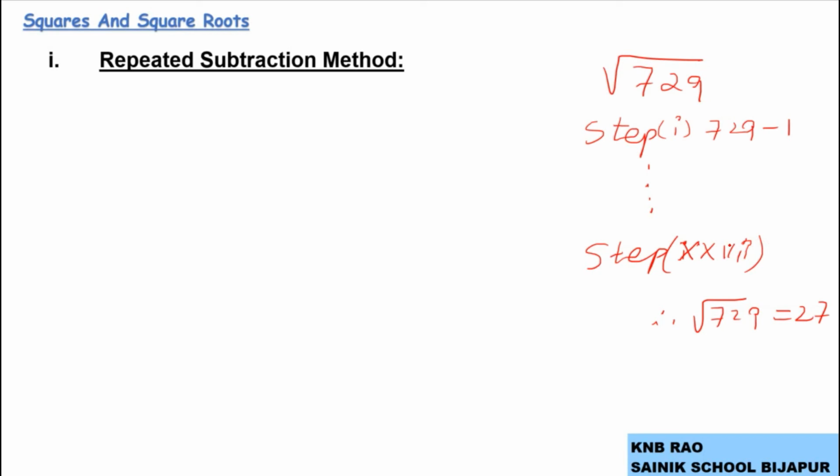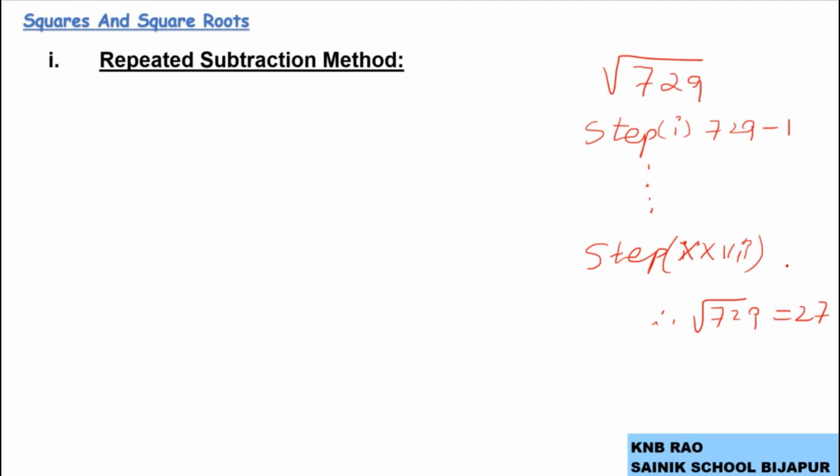Okay, and next, this method helps you to tell whether the given number is a perfect square or not, because if you do repeated subtraction and get not 0 as the difference at the end, some negative number if you get, then the given number is not a perfect square. So this is the second important note. Note number 1, repeated subtraction method is not preferred if the number is bigger.